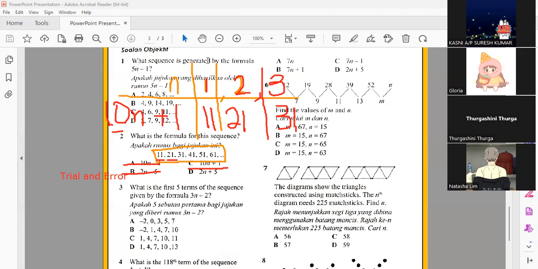If you're not so sure, let's do more. Let's do one more to see whether we can get the term or not. If n is 4, 4 times 10 is 40, 40 plus 1 is 41. So yes, the formula C is the one giving me this sequence of numbers. All right.